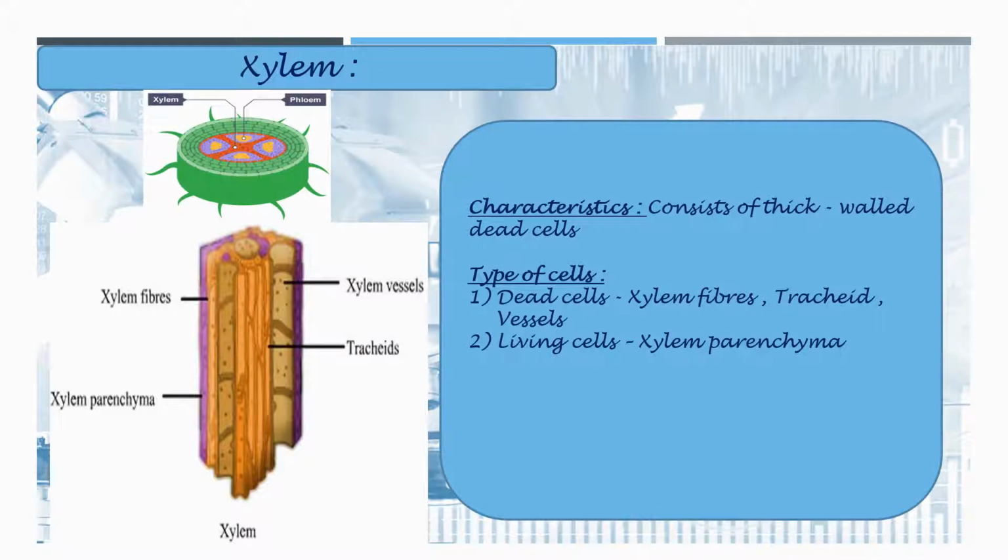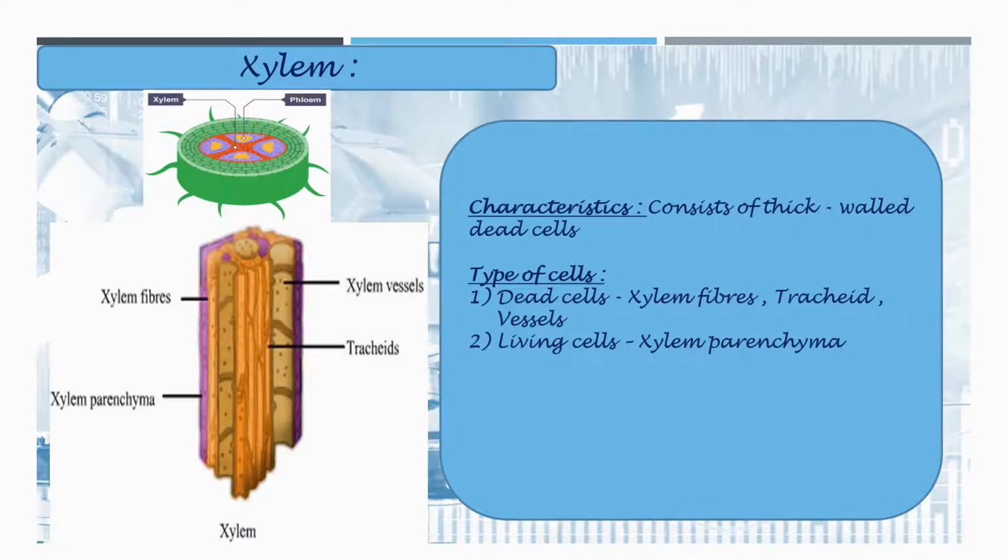They are also dead and lack protoplasm. They have many cells called vessel members which are interconnected through a perforation in common walls, mostly involved in conduction of water, minerals and give mechanical strength to the plant.